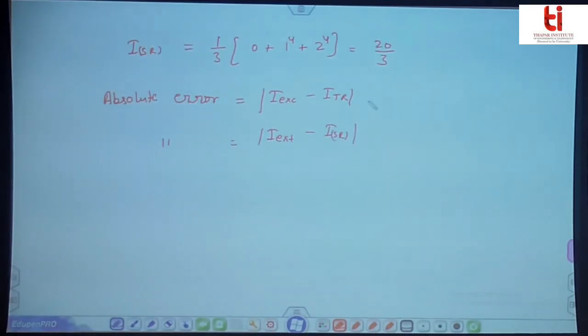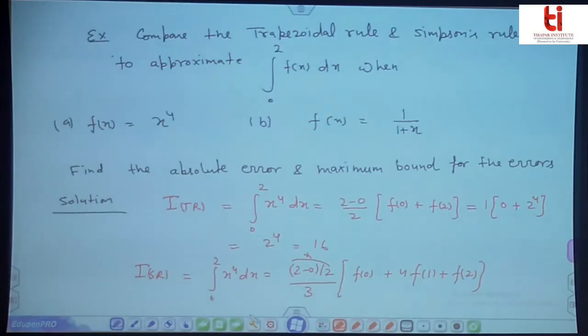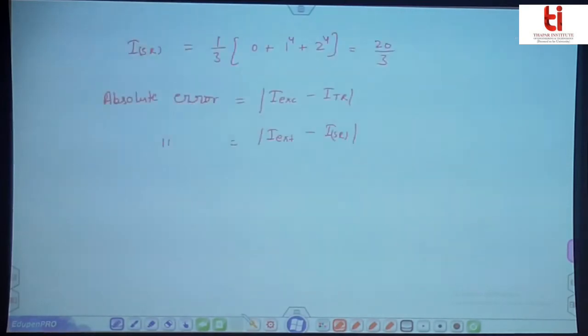I exact is the exact value of the integration. So 0 to 2 of x^4 dx is x^5 upon 5. The value of the integration from 0 to 2 is 2 raised to power 5 upon 5, that is 32 upon 5.